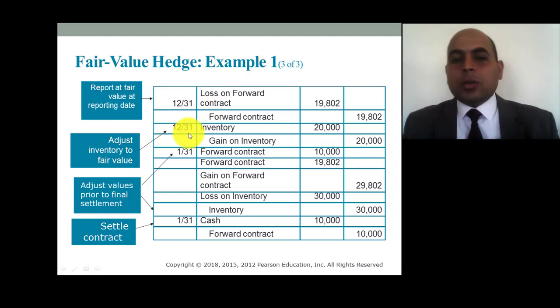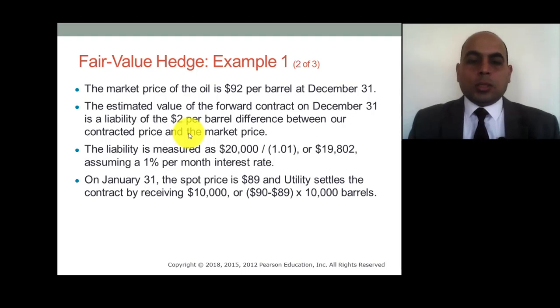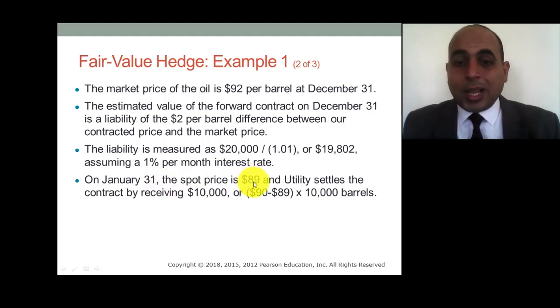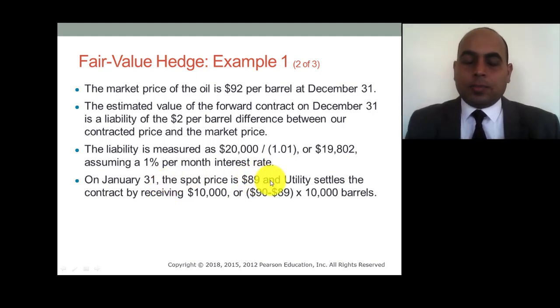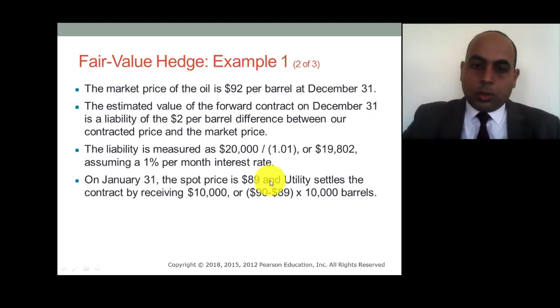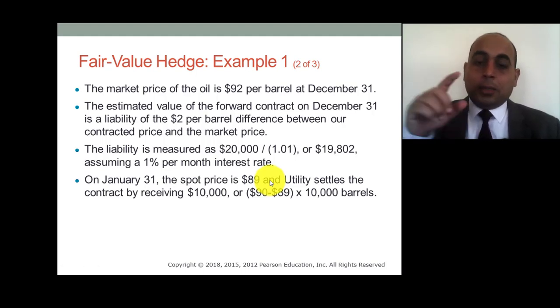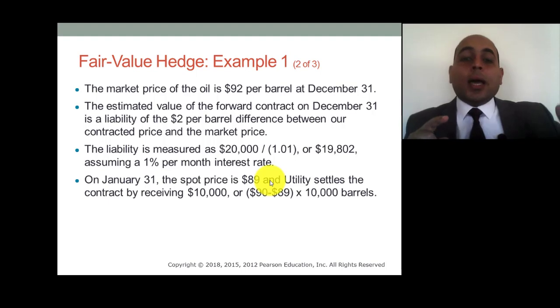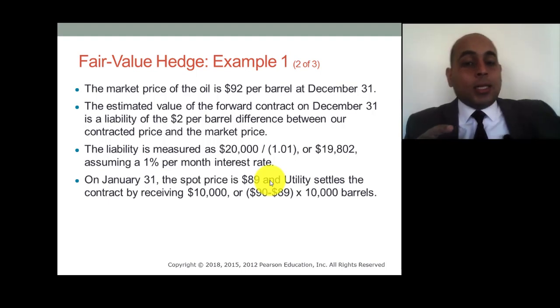Let us move back to see what the price is on January 31. The spot price on the date of settlement is 89. It means it has declined from where? From 92.